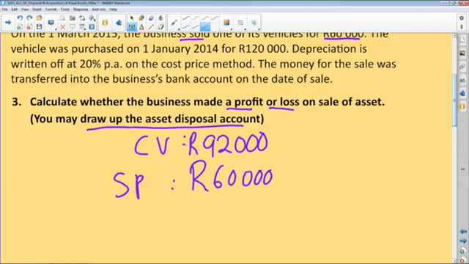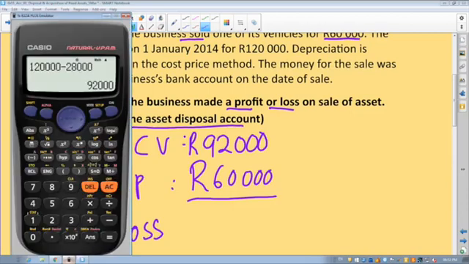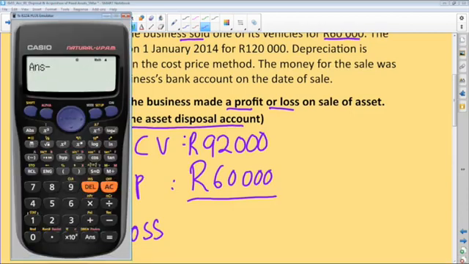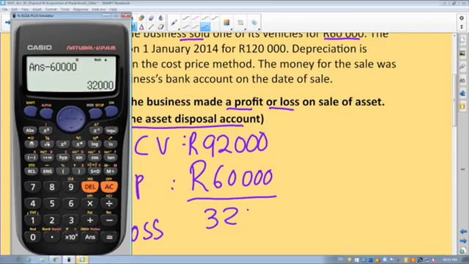So immediately we've made a loss. Correct. We've now made a loss on sale of asset, and our loss on sale of asset should be 32,000, but we've got 92 there already, so let's subtract the 60,000, and we've made a loss on sale of asset, an amount of 32,000. Okay, so simple, straightforward, guys, really not difficult.